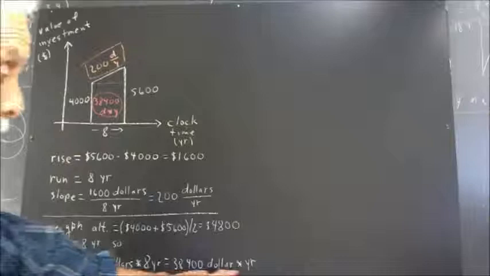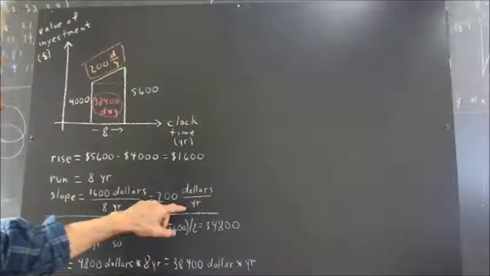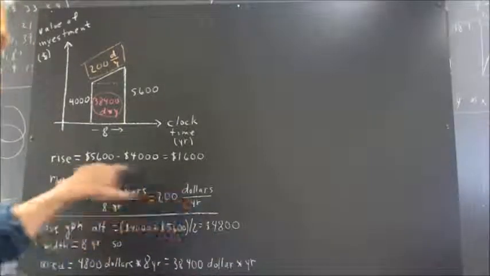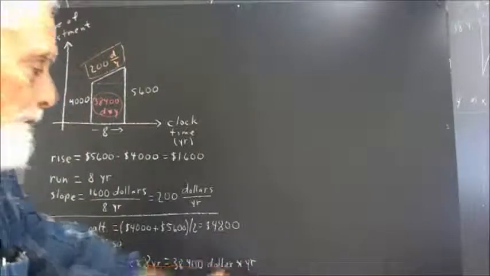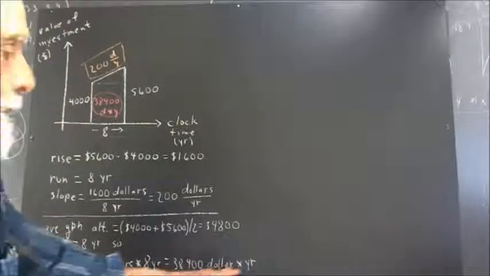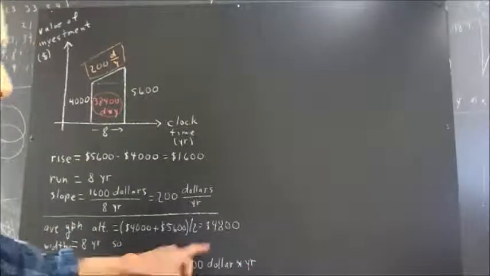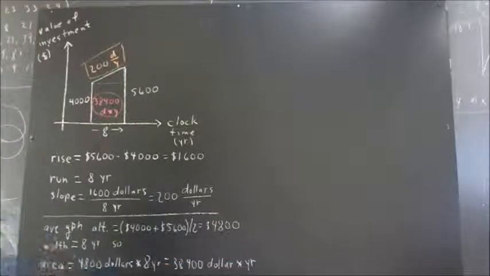This is not dollars per year. This makes sense as dollars per year in terms of the situation. This is dollars times years. It's not dollars per year. $38,400 per year has nothing at all to do with this situation.